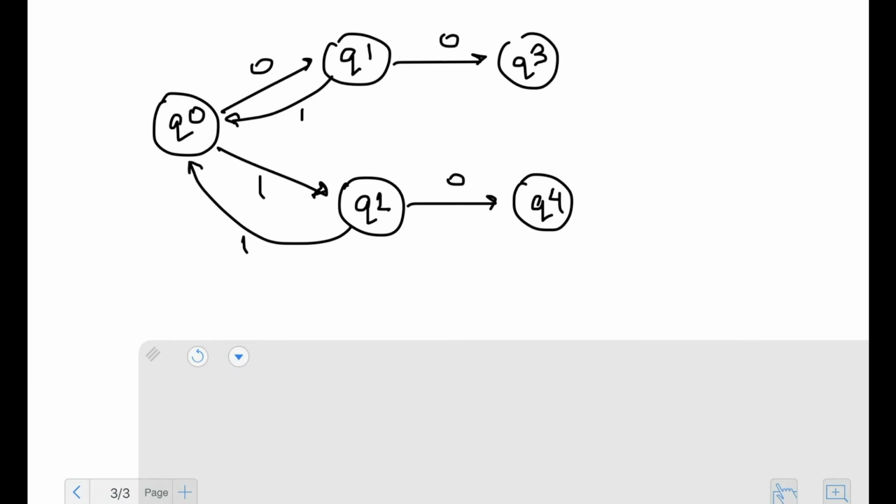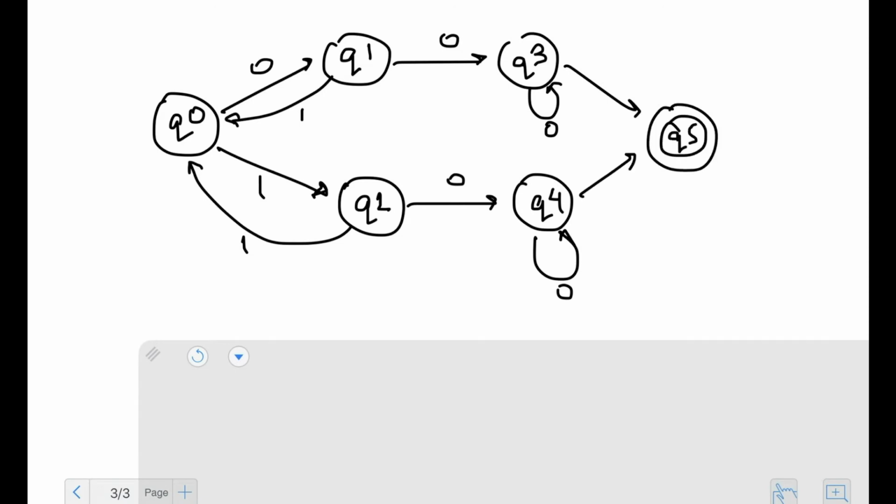And now Q3 and Q4 both, let's say, retain state on 0, and they go to a final state which is Q5 on 1.